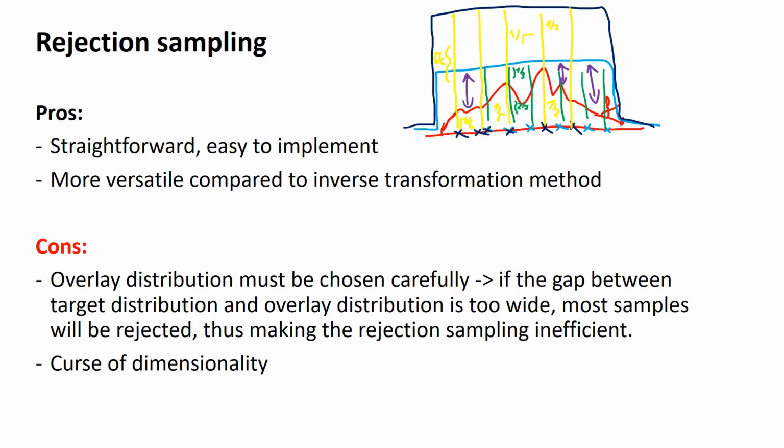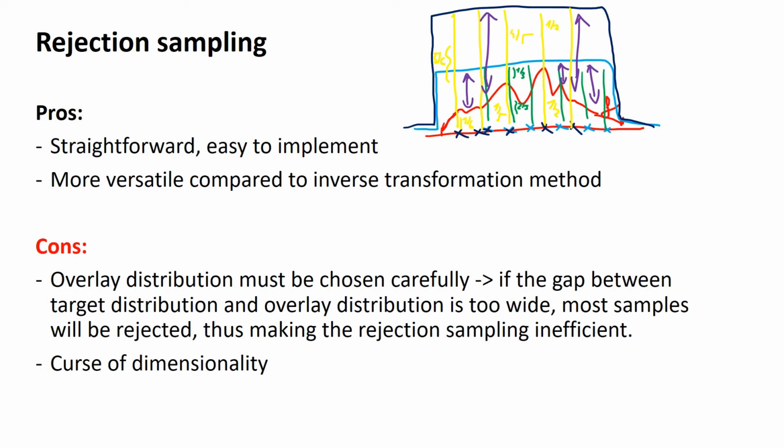We will sample and the majority of samples will be accepted and distributed according to F. But when we choose this overlying density not that well, with these very big, wide gaps, then the acceptance ratio will be much smaller. So we have to be careful about this.